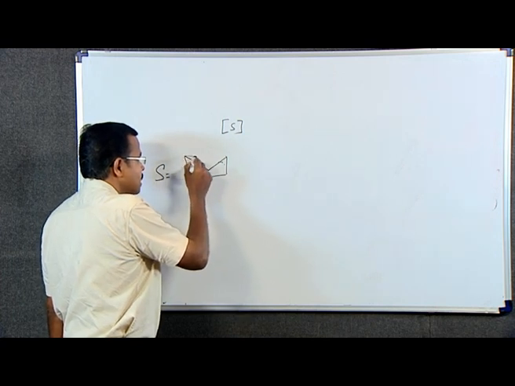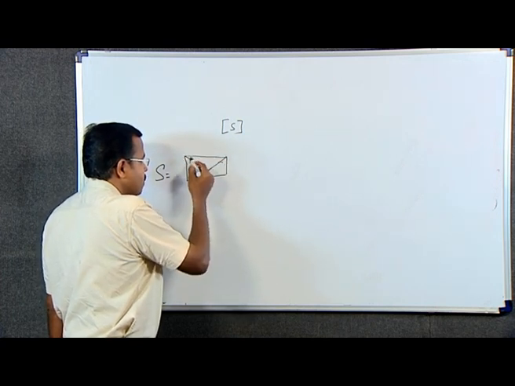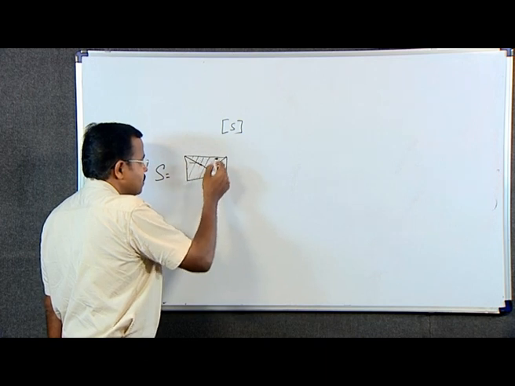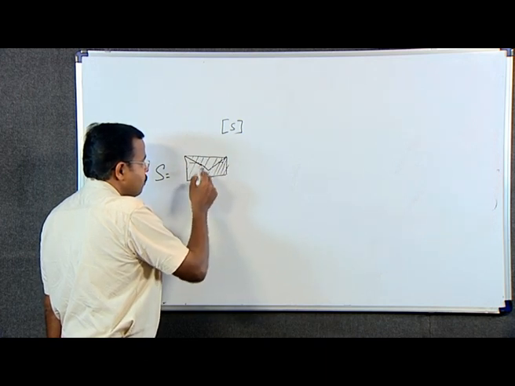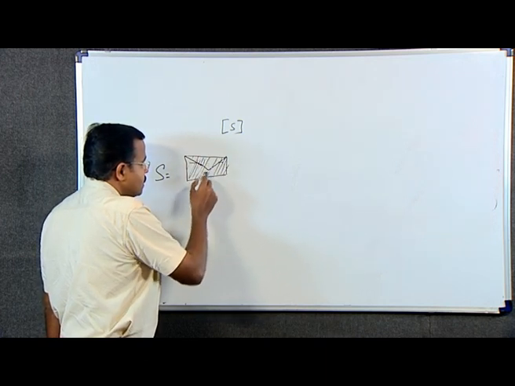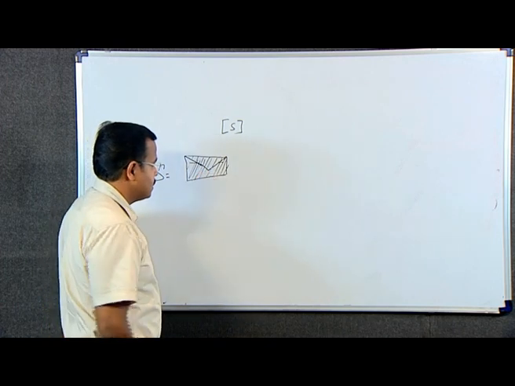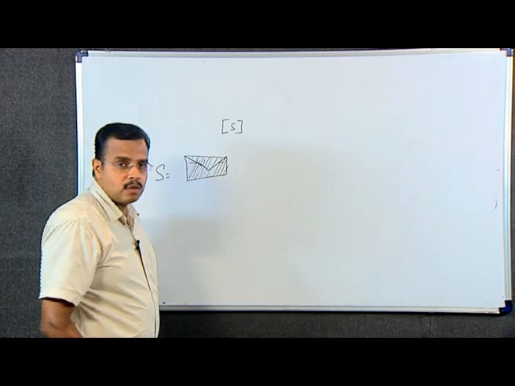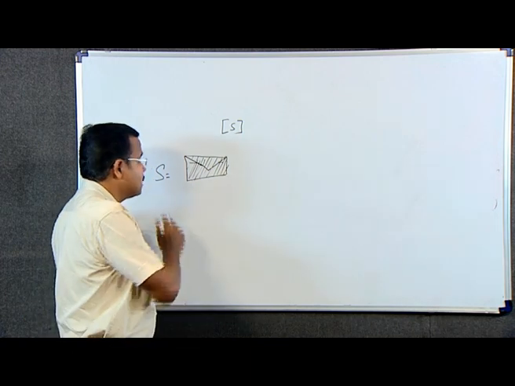Finally, we are getting a shape like this. This is the intersection of all convex sets where S is a subset. So, this shape is the convex hull of the given set S.